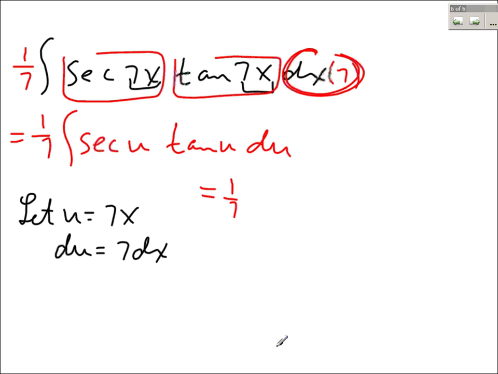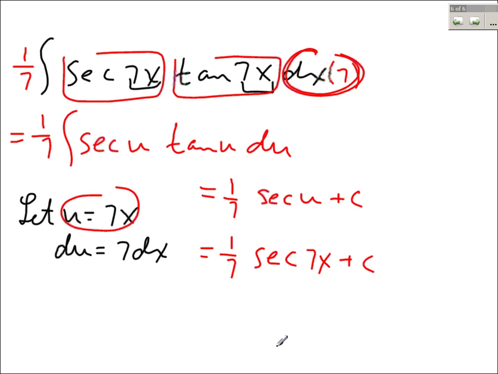And that integral is secant of u plus c. So that's your answer. It's 1/7 the secant of 7x plus c. Problem done.